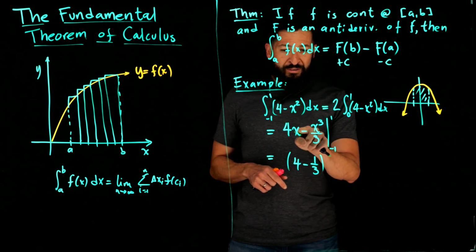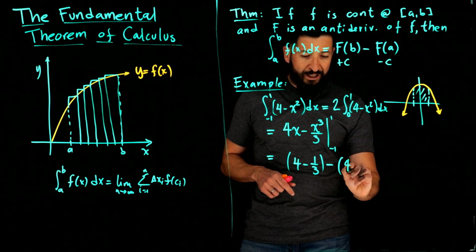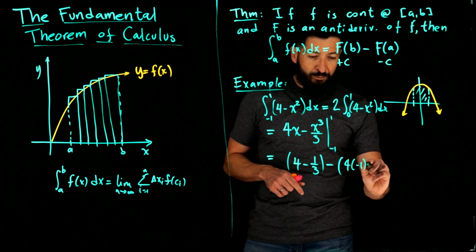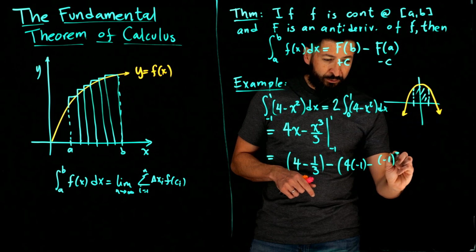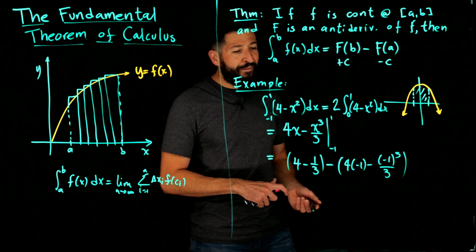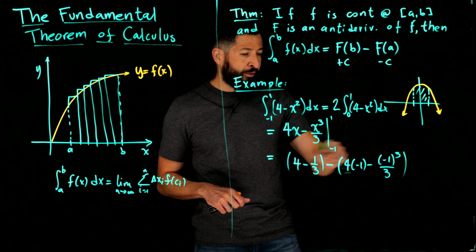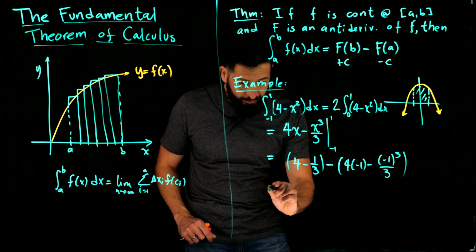So I'm going to evaluate it at 1 and then minus, evaluate it at -1. So 4 times -1 minus -1 cubed over 3. And we're going to get 2 times this anyways, because the negative is going to factor out and become plus. You see, both are odd powers.